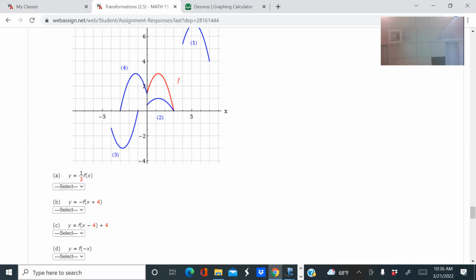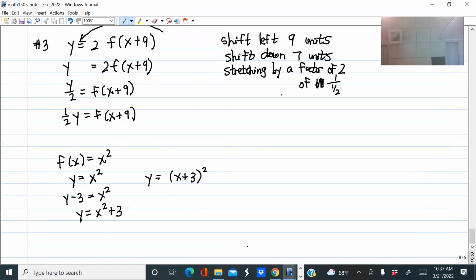I said there, maybe I better write it down. So what I said was, here we have y equals 1/3 f of x. You can move this constant to the left-hand side by multiplying both sides by 3. So you have 3y is equal to f of x. So we can see there, we're multiplying y by a constant.